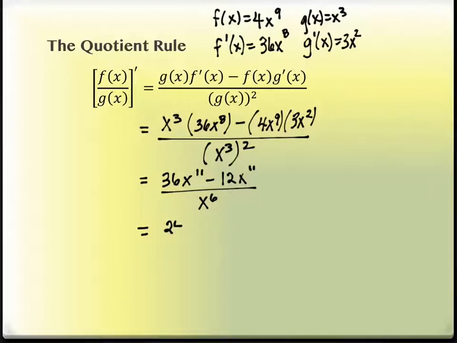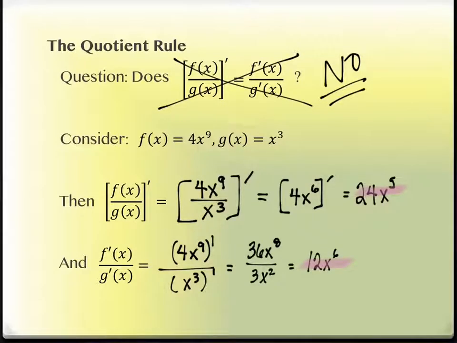That would be 24x to the 11th. And what happens when I have x to the 11th over x to the 6th? You subtract and you get 24x to the 5th, which is exactly what I was supposed to be getting. So it does in fact work. It's just messy.